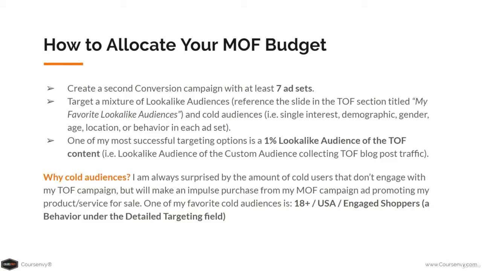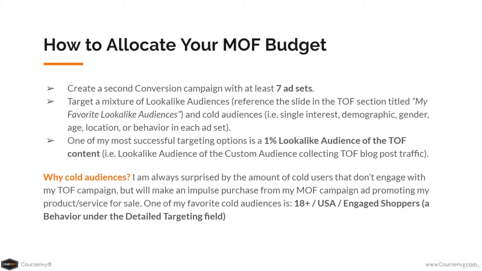So my second campaign in my middle of funnel will also be a conversion campaign, and it will have at least 7 ad sets under it. So these 7 ad sets will target a mixture of lookalike audiences. Again, reference the slide in our top of funnel section titled My Favorite Lookalike Audiences, and cold audiences. These can be those single interests, demographics, gender, age, location, behavior. 1 per ad set.